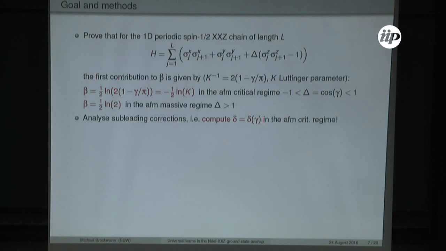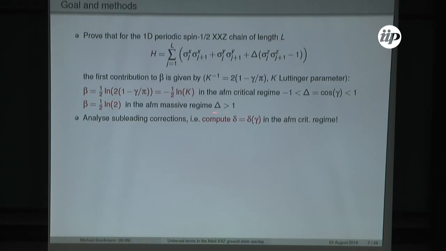Now I just formulate the goal. We would like to prove that for the Heisenberg spin chain with an anisotropy term delta, and we will mainly focus on delta in the critical regime, so the absolute value of delta is smaller than 1, if you compute the overlap squared of the ground state of this Hamiltonian with the Néel state, the order 1 contribution beta is given by minus 1/2 log k in the critical regime, and in the massive regime it is given by 1/2 log 2.